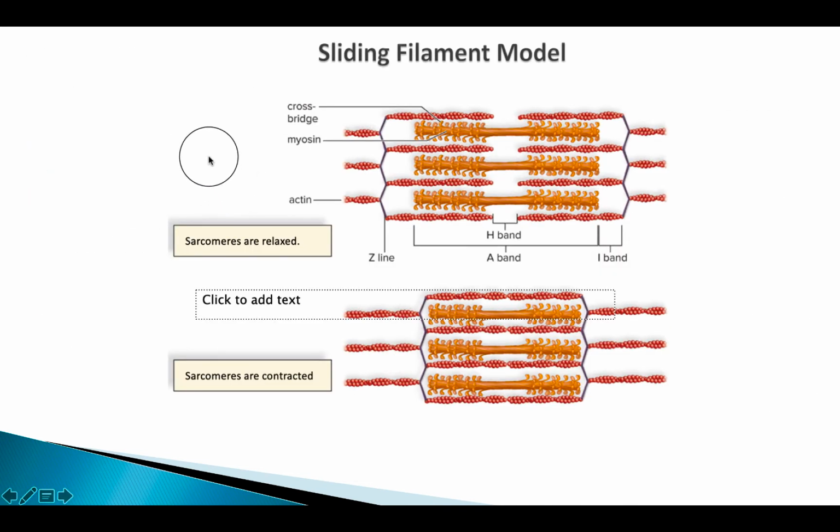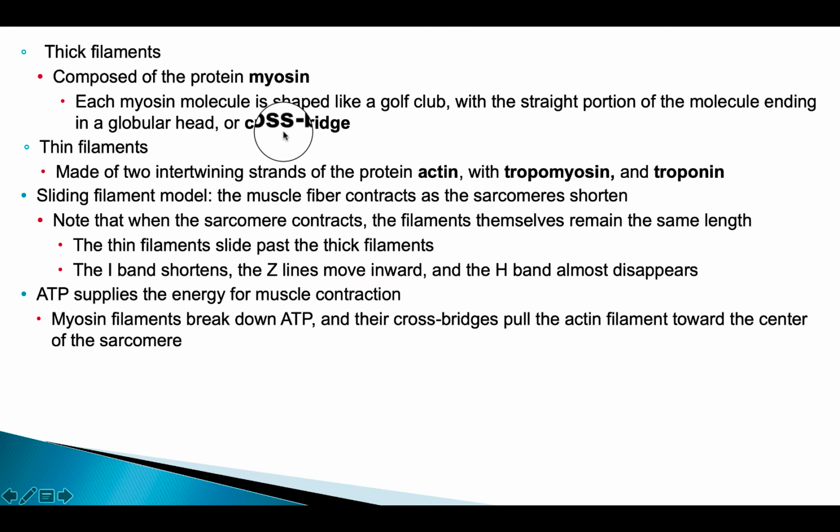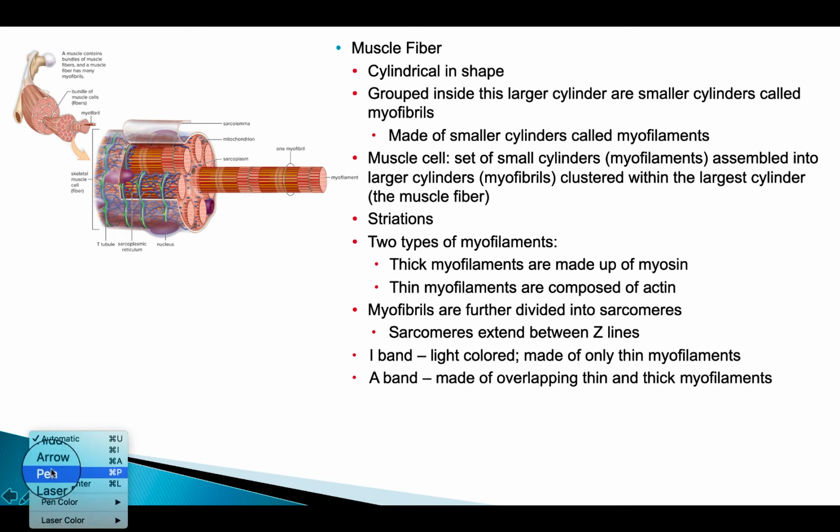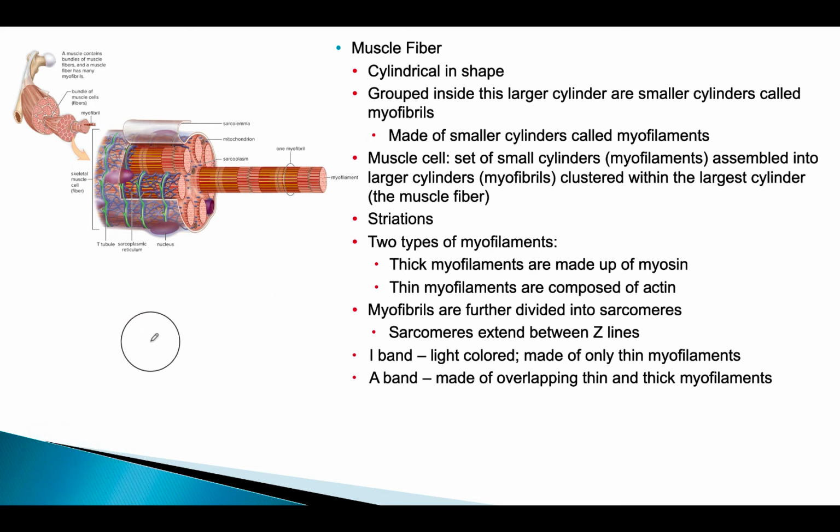So now these are the different parts. Looking at our figure here once again, let's focus on this part. This is a Z line. See the squiggly line right here? And this is another Z line.